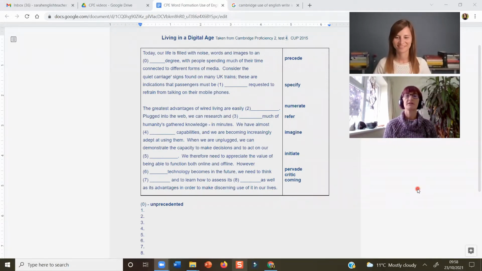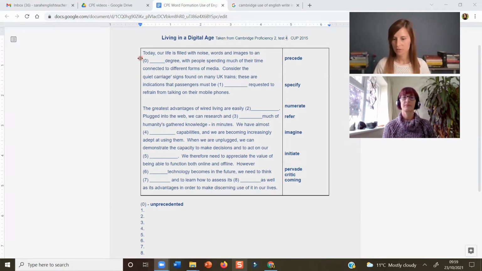Okay, so here is an example of the word formation question. Just to be clear, this is taken from the Cambridge Proficiency second test book, and it's test 4. So Sylvia, what do you do when you see this in front of you? Well, first of all, I would read the title and the entire text. I would make sure I understand the general meaning.